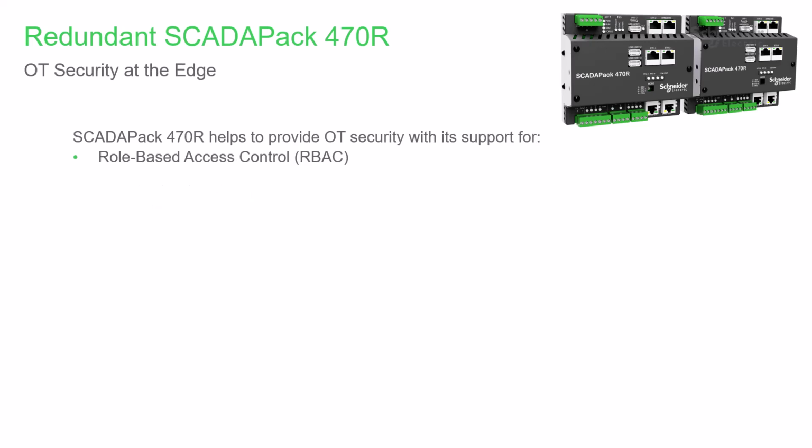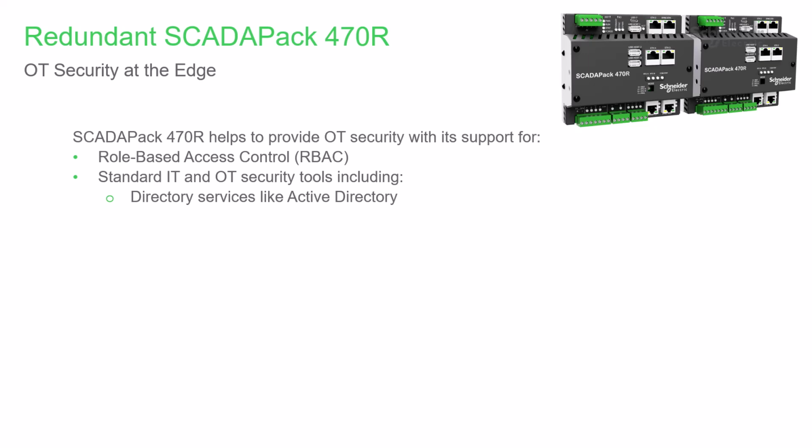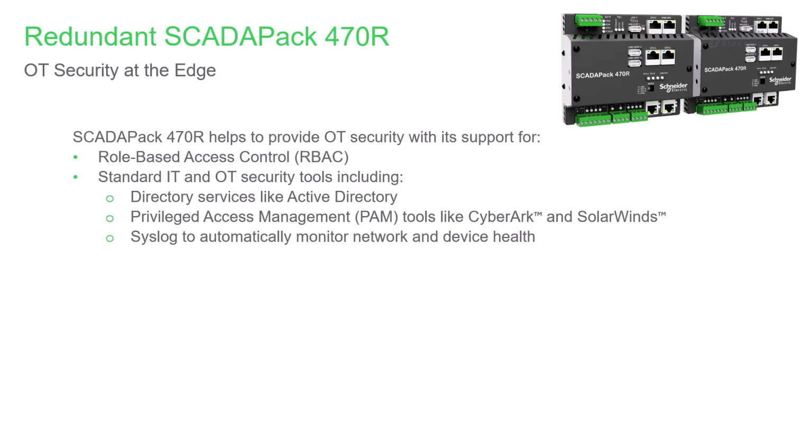SCADAPack 470R helps to provide OT security out at the edge, with its support for Role-Based Access Control, or RBAC, as well as standard IT and OT security tools, including directory services like Active Directory, privileged access management or PAM tools like CyberArk and SolarWinds, and syslog to automatically monitor network and device health.